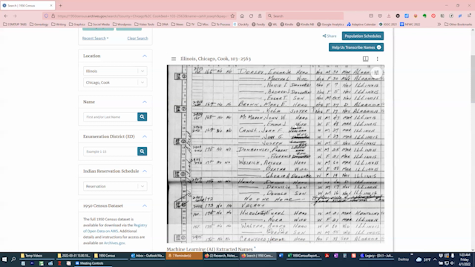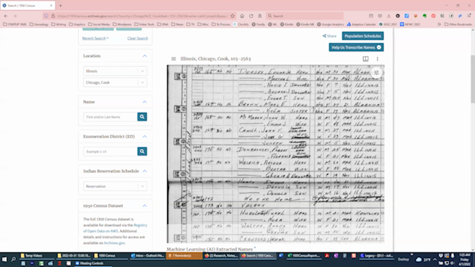And it doesn't surprise me that they're all living at the same address. It looks like there's a first, second, and second listed. I will have to go back to the enumeration instructions to remind myself what exactly that meant. But it was obviously maybe a duplex or a multifamily home.